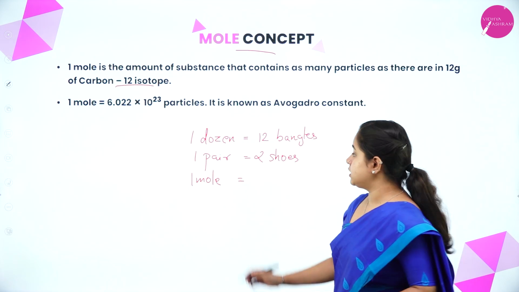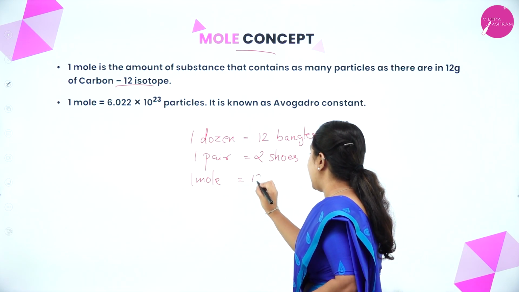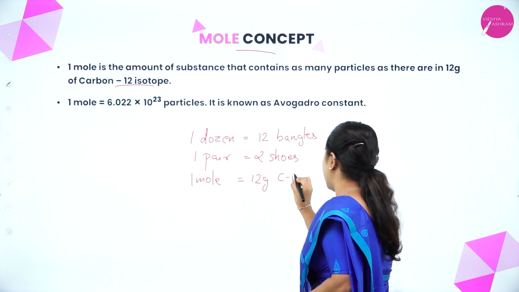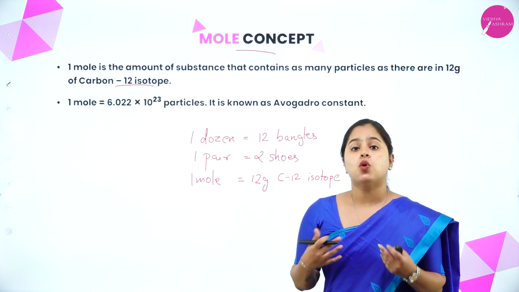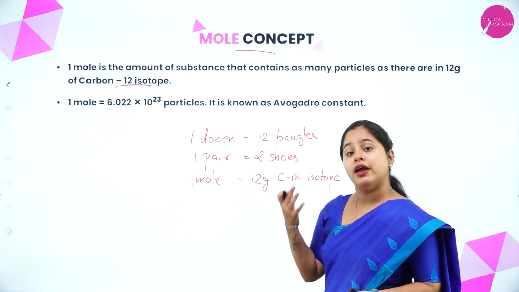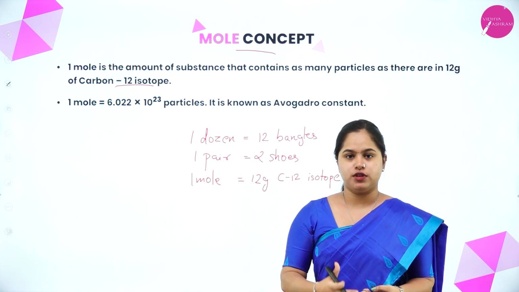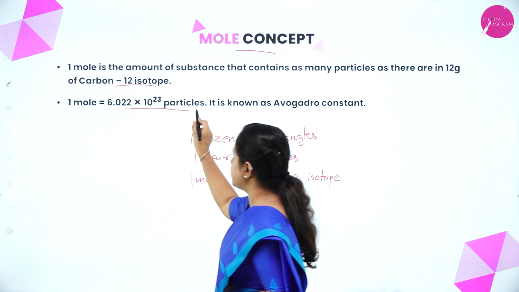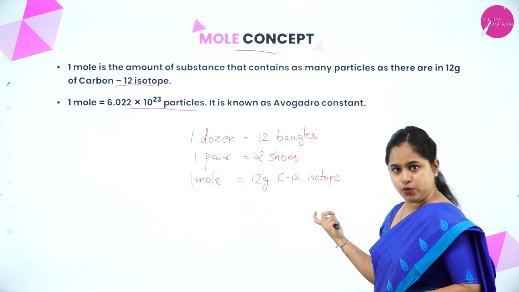That means 1 mole of any substance will contain as many particles as there are in 12 gram of carbon-12 isotope. Exactly the same number of particles will be there in 1 mole of your substance.